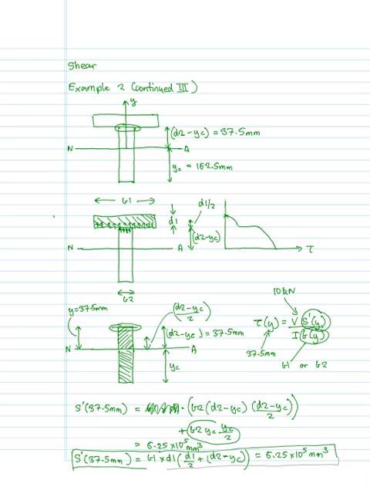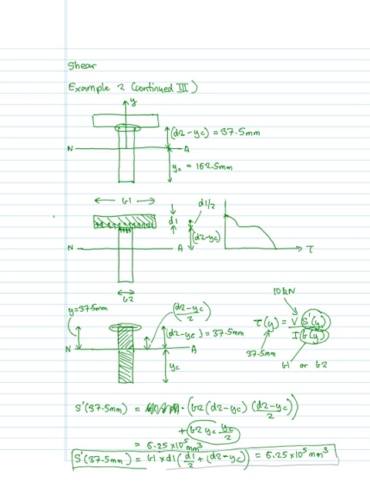So we would put D1 over 2, and then add that on to D2 minus YC.